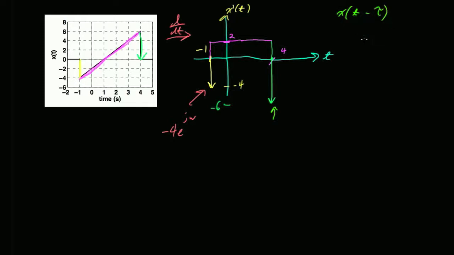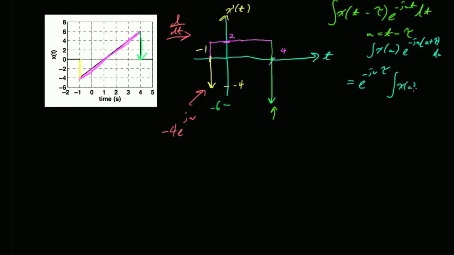So this shifts. So this is x of t minus big T. You do a u substitution, u equals t minus big T. That means you have the integral of x of u, e to the minus j omega, u plus big T, du, which is the same as e to the minus j omega big T times the integral of x of u, e to the minus j omega u du, and that's just the Fourier transform of x of t, so that's just X of omega.